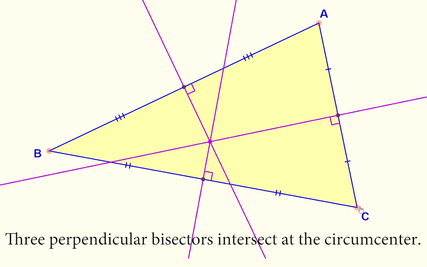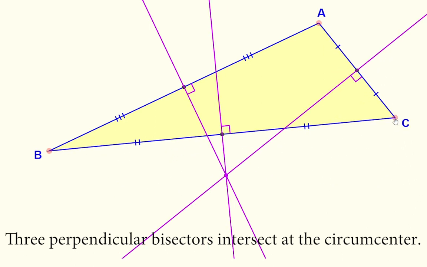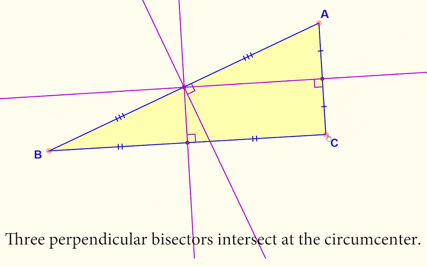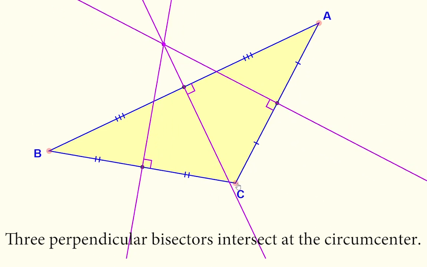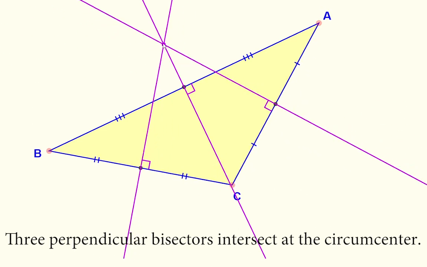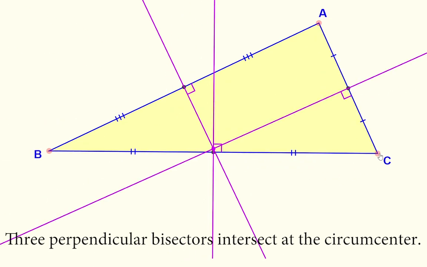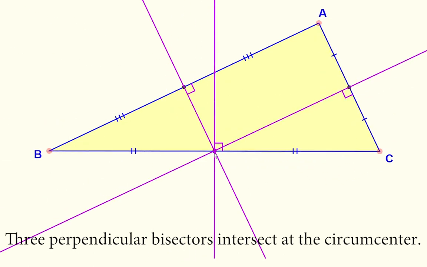Now this one can also be outside, on, or inside. So if you put your compass here and opened it up to measure out to B, that circle would touch all three vertices. And the same thing is true here. Put your compass here, it's the same distance. And notice, that makes sense, it's right at the midpoint. It's the same distance from B as it is from C, as it is from A.